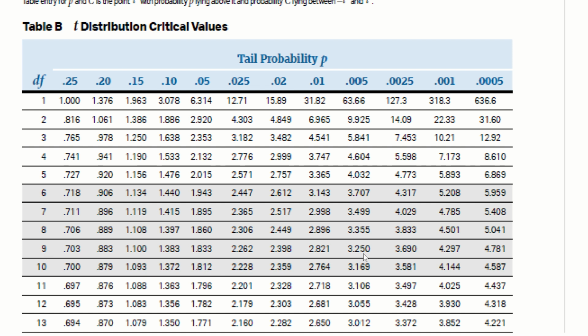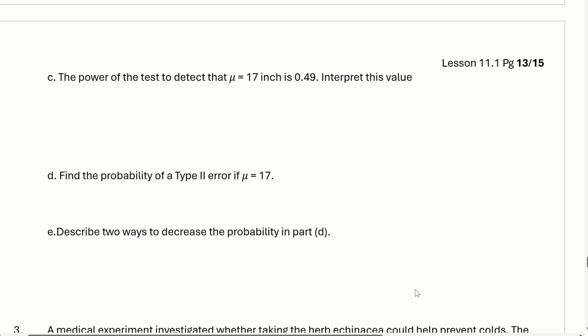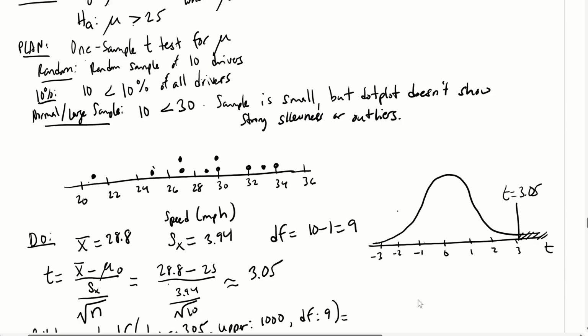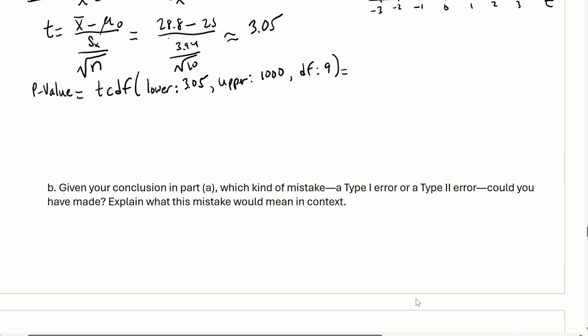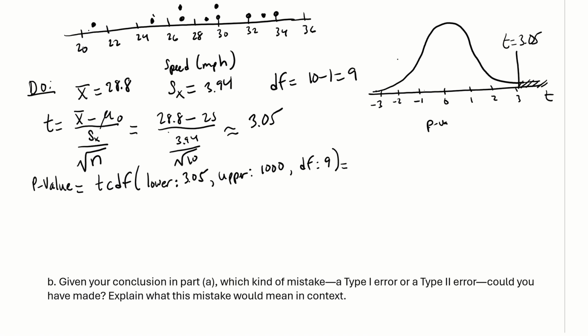So which is closest to that? 3.05 is between these two values, which means that the p-value must be between 0.005 and 0.01. Okay, so 0.005 and 0.01. So let's go back. So we know that the p-value is between 0.005 and 0.01. And we're going to calculate this.